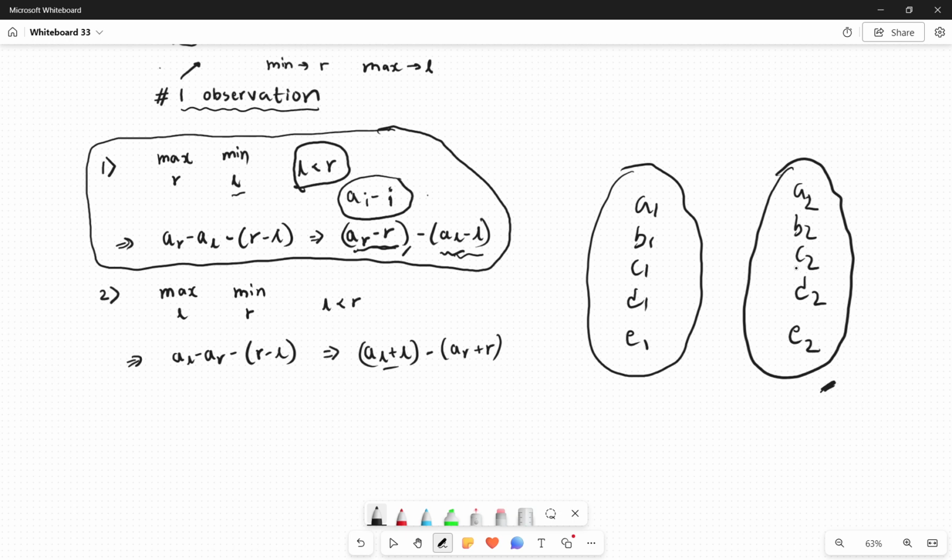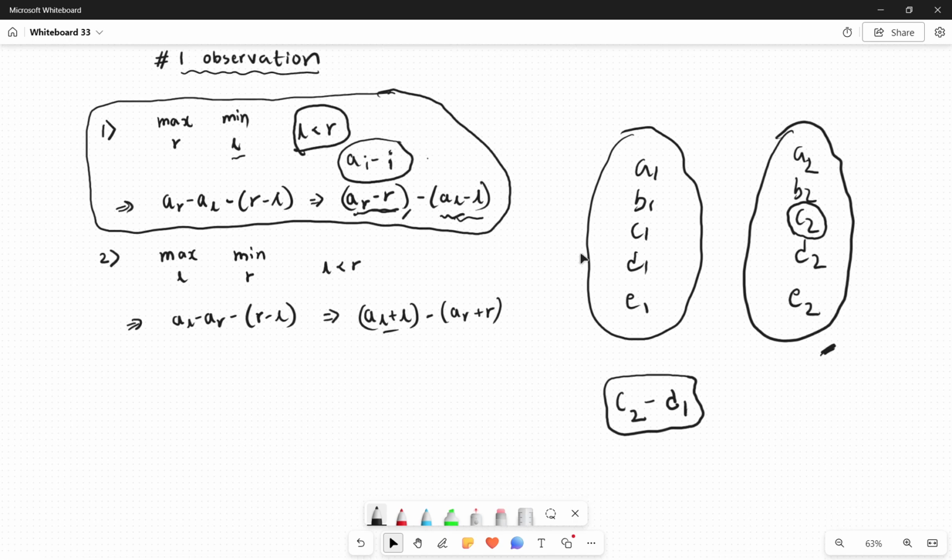Maximum of ai minus i is stored at c2. So one of the candidates for my answer would be c2 minus d1, right? So this is for the first case.